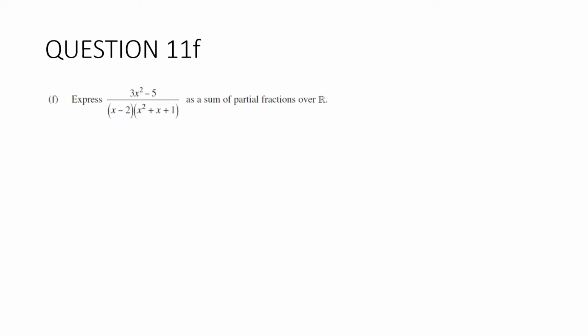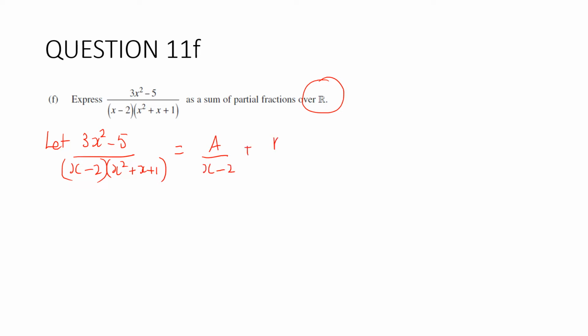F. Express (3x squared take away 5) over (x minus 2)(x squared plus x plus 1) as a sum of partial fractions over R, and that's of course the real numbers. So we're going to let (3x squared take away 5) over (x minus 2)(x squared plus x plus 1) equal A over x minus 2 plus (bx plus c) over x squared plus x plus 1.